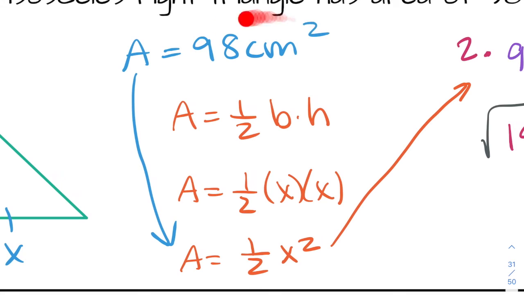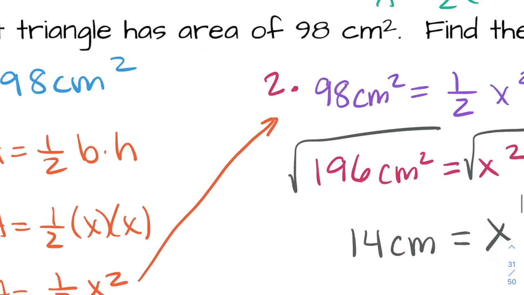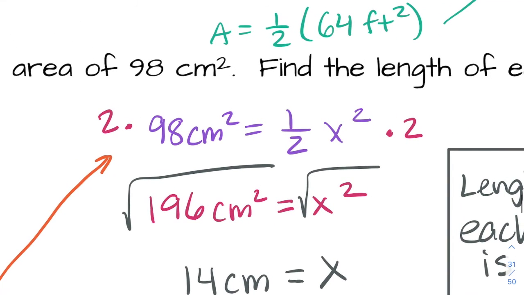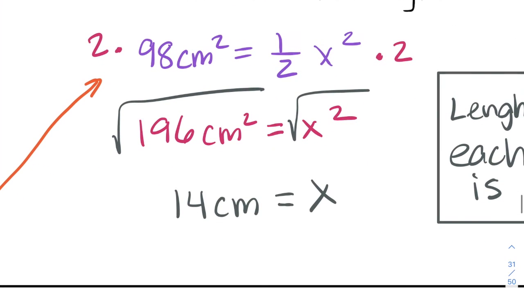Well, I know what A is. I know what the area is because the problem gave that to me. So I'll take 98 and I'll substitute it in for A. Here, let me do this because it's a little confusing now that I'm looking at this a second time.